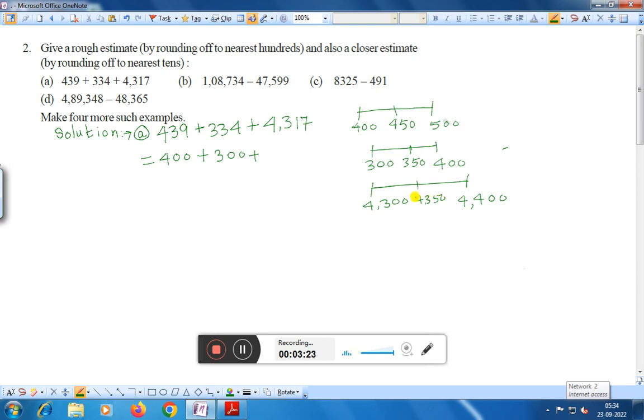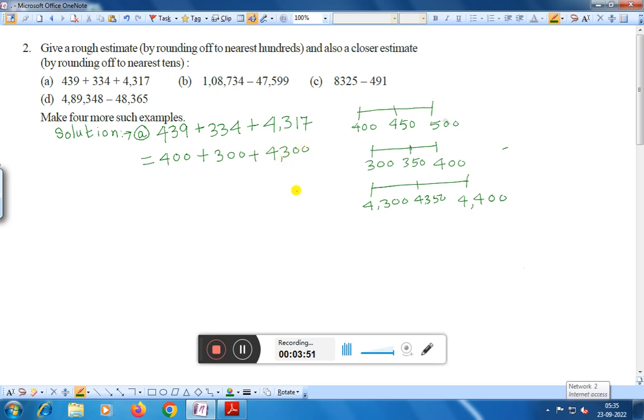That means if a number is equal to or greater than 4,350, it is rounded off to 4,400. Since the number is 4,317, therefore it is rounded off to 4,300. Therefore, it will become 4,300.